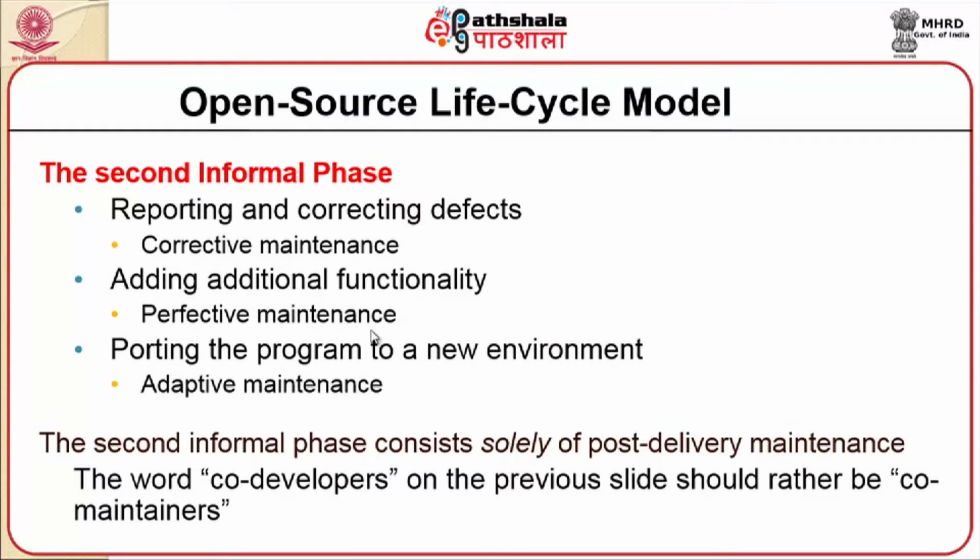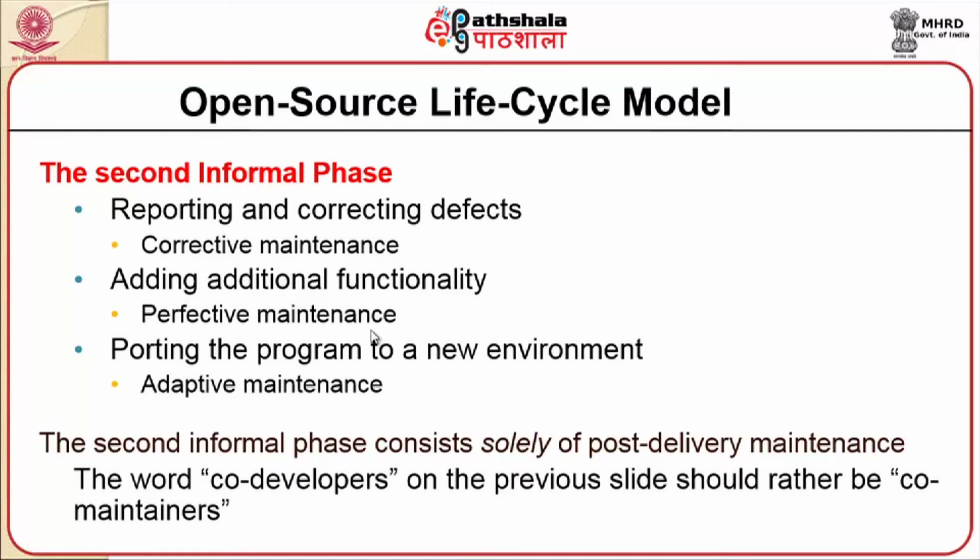In the second informal phase, as I have mentioned, they will be working on corrective, adaptive and perfective maintenance. So reporting and correcting defects can happen, and adding additional features to what already exists, since the code is open. Porting the program to a new environment can also be easily done. So the second informal phase consists solely of post-delivery maintenance by the co-developers.